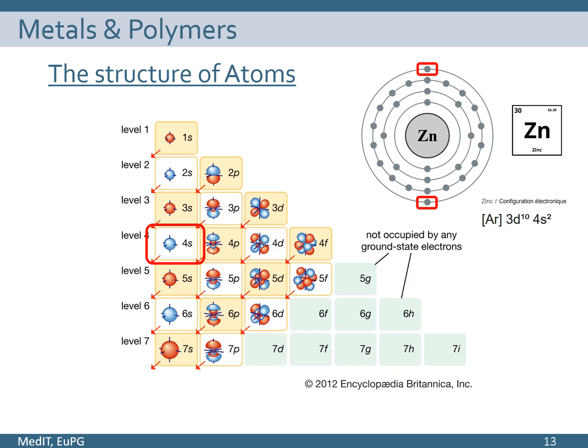So we say that zinc has an electronic configuration argon 3d10 4s2. Take a few seconds to check this and learn about it.